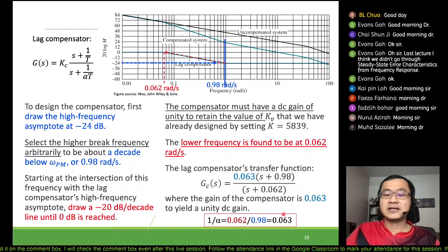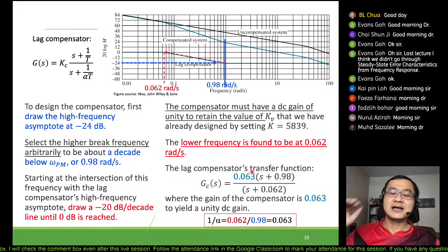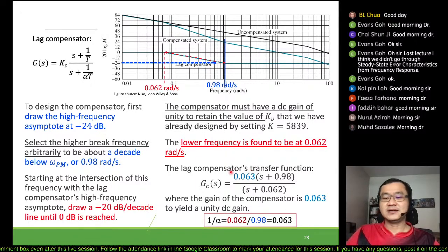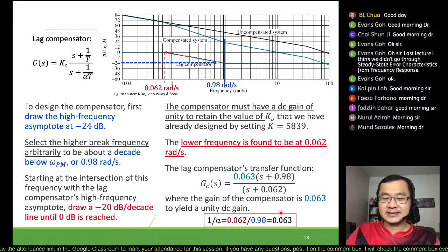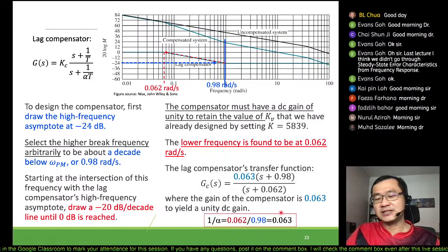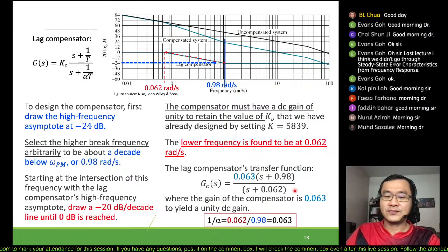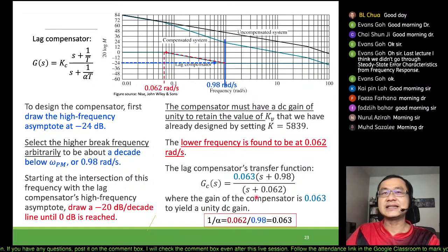So this is our so-called attenuation factor, 0.063. How many times it would actually reduce in order for us to regain this so-called unity gain.